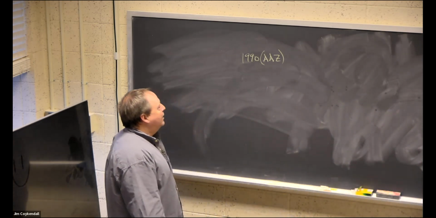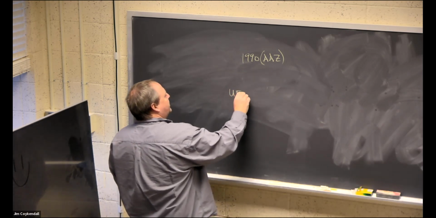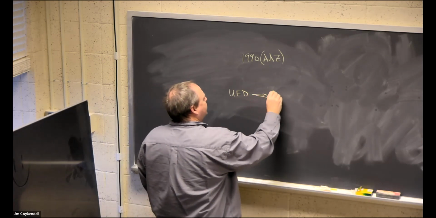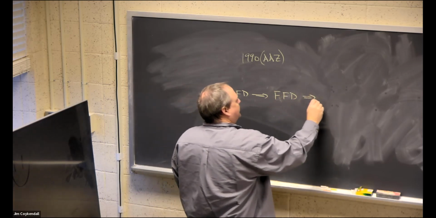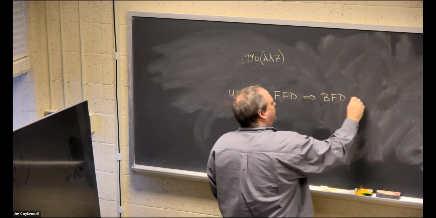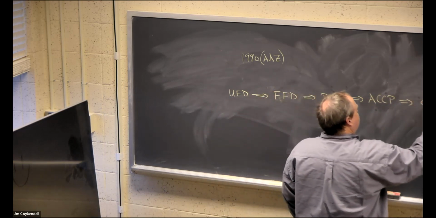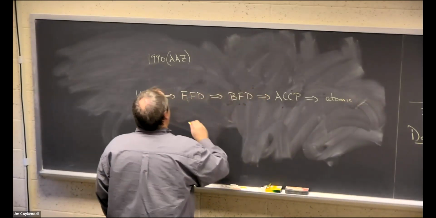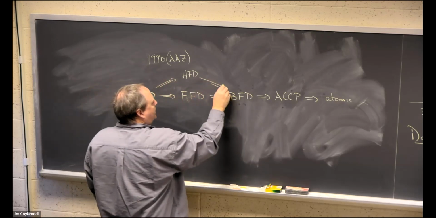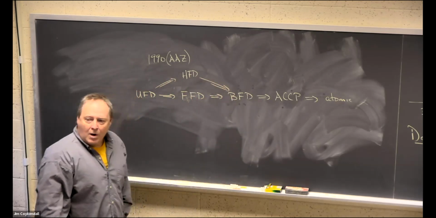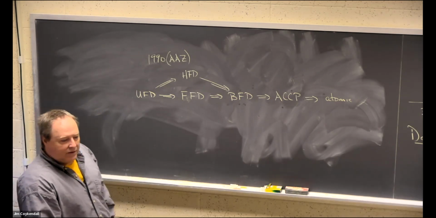But they wrote a very famous paper, and this kind of famous diagram is from it. So for these factorization types, we have these chain implications.